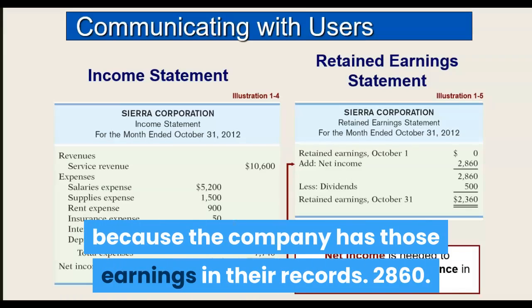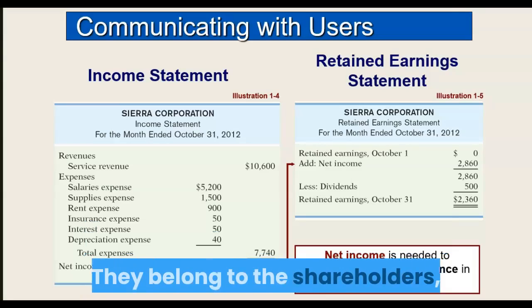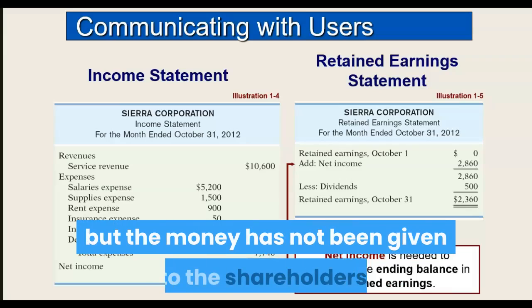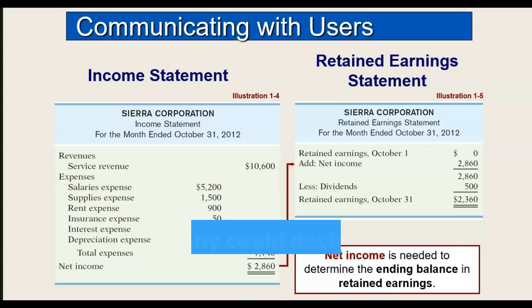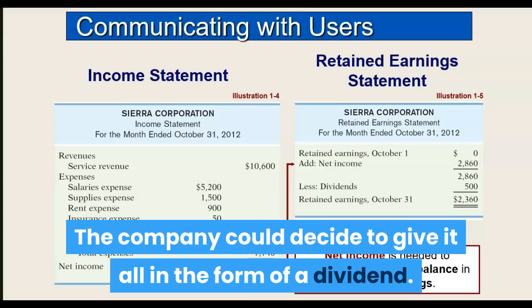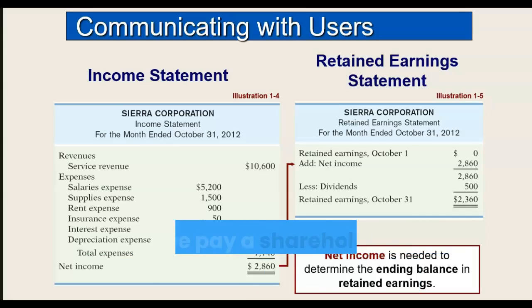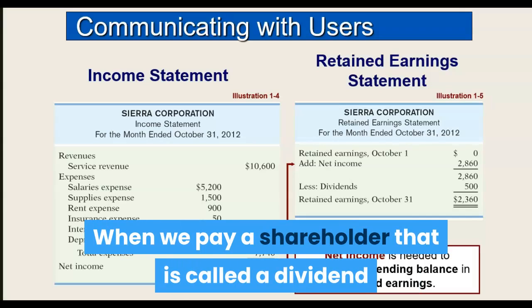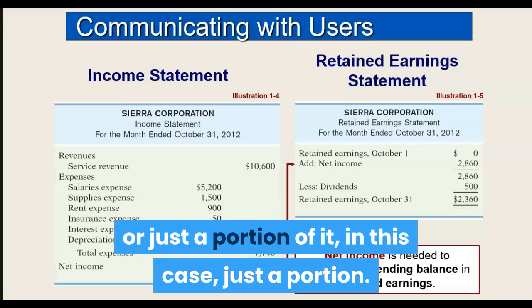They're called retained earnings because the company has those earnings in their records, $2,860. They belong to the shareholders, but the money has not been given to the shareholders. And the company can decide to give it all in the form of a dividend. When we pay a shareholder, that is called a dividend, or just a portion of it. In this case, just a portion.